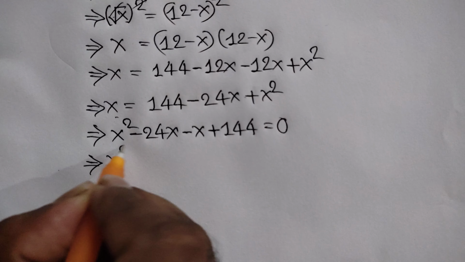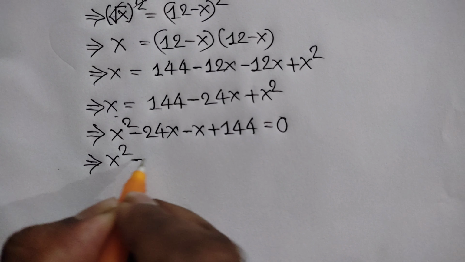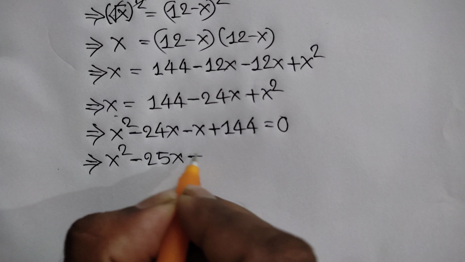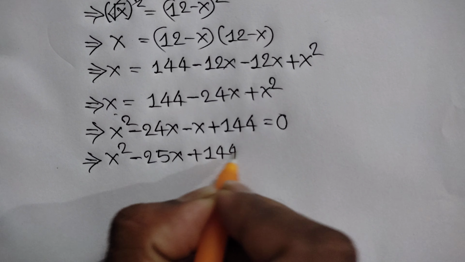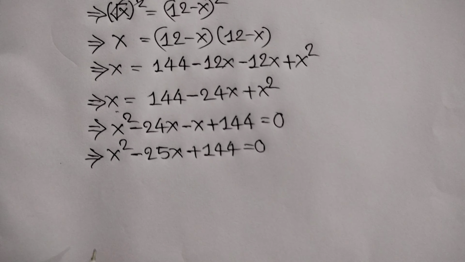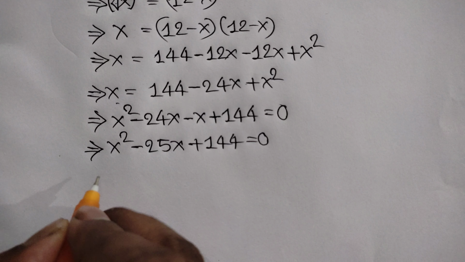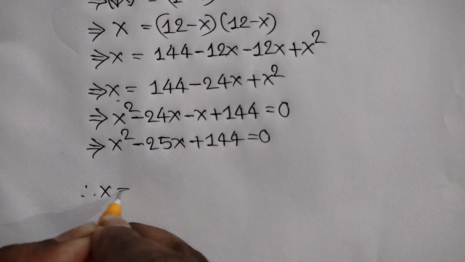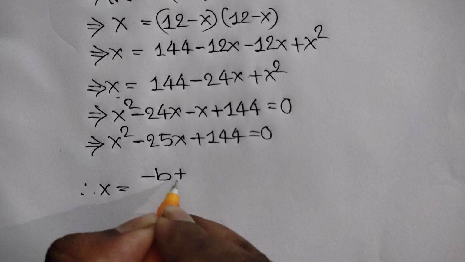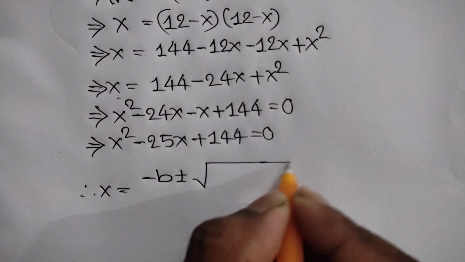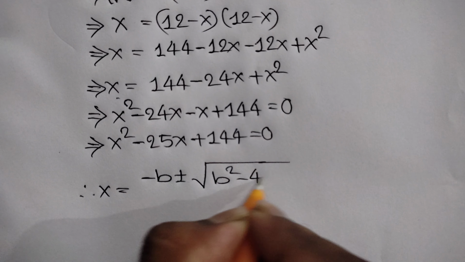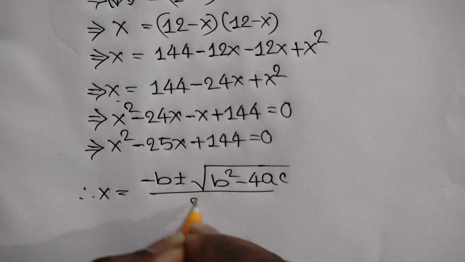Or x square minus 25x plus 144 is equal to 0. Now this is a nice quadratic equation, so we can write x is equal to minus b plus or minus square root of b square minus 4ac over 2a.